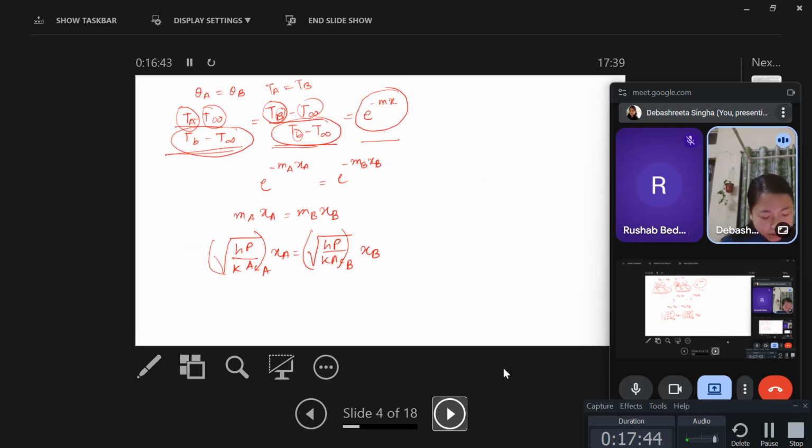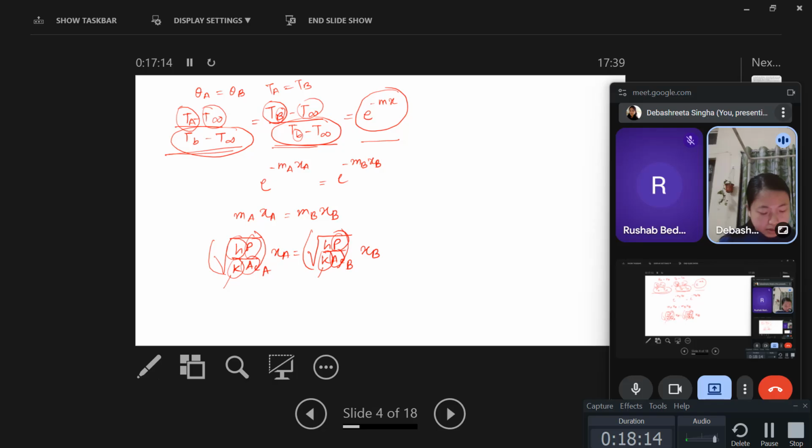What is dependent on the dimension? The perimeter and the area. But since the dimensions are the same, perimeter and area will also remain the same. And h is for the surrounding fluid. The surrounding fluid does not change with the rod, so that is also the same. The only thing changing is Ka, Kb. Only the different part is the thermal conductivity for the two different rods.